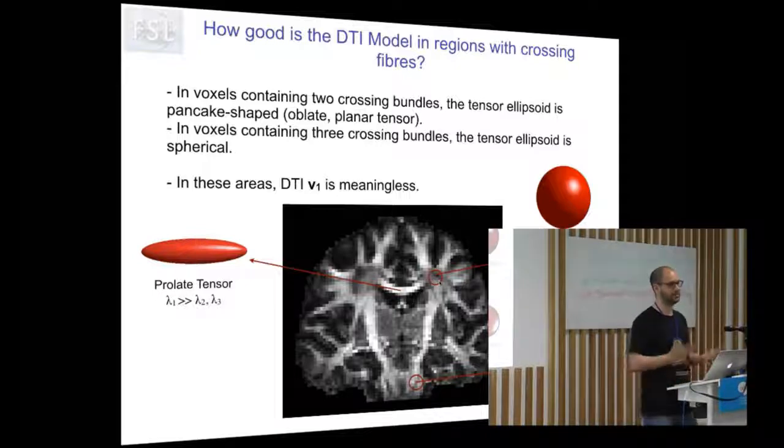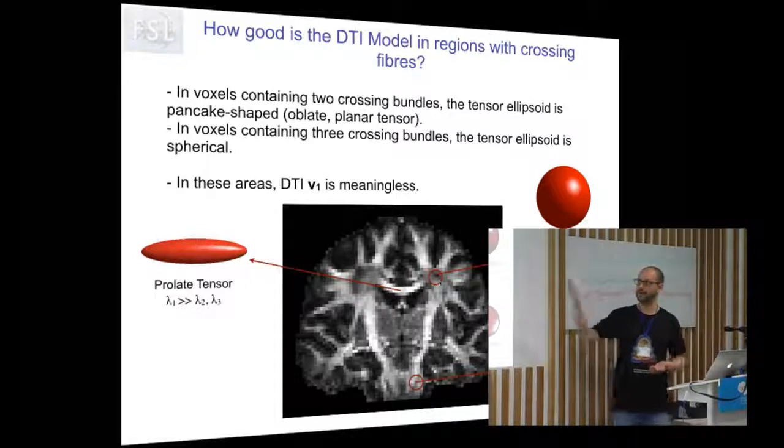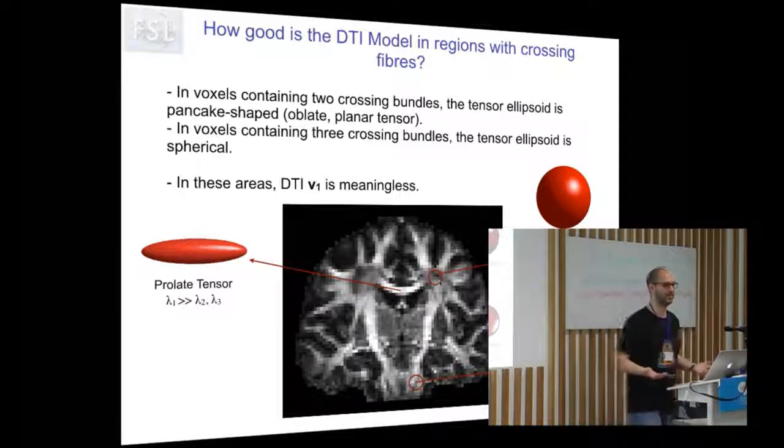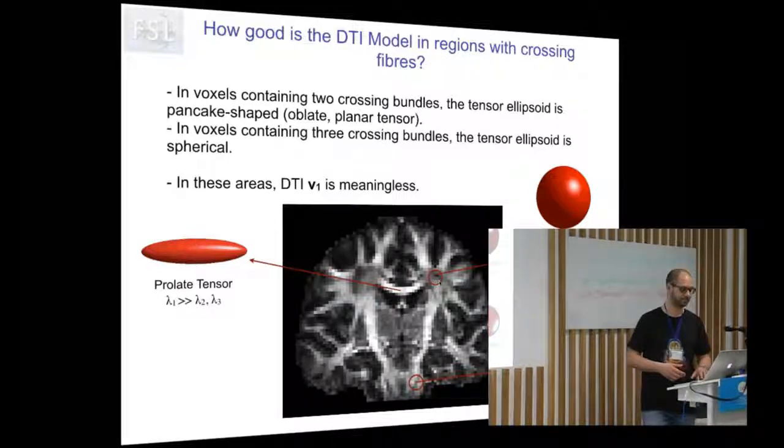You can't use it to do tractography. And even the FA map here will show variations in intensity which shouldn't be taken for an effective deviation from normality in a healthy brain.